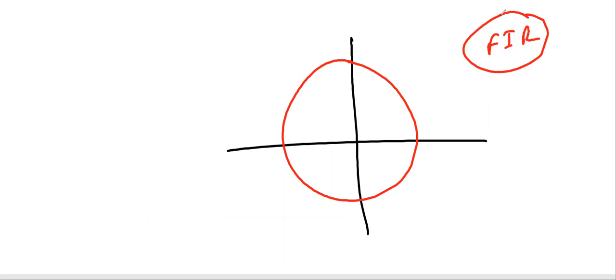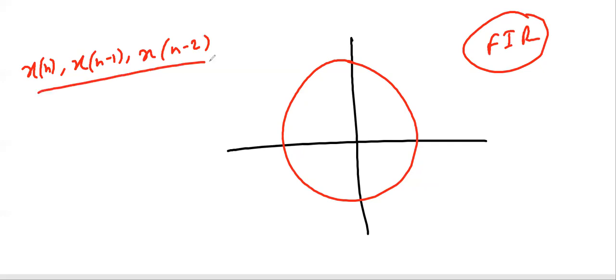Since you don't have any feedback, you only depend on the input sequences, like xn or xn minus 1, xn minus 2, something like that. So in that case, let's say for H(z), if I am writing in this way, 1 plus z to the power minus 1, what kind of filter is that?